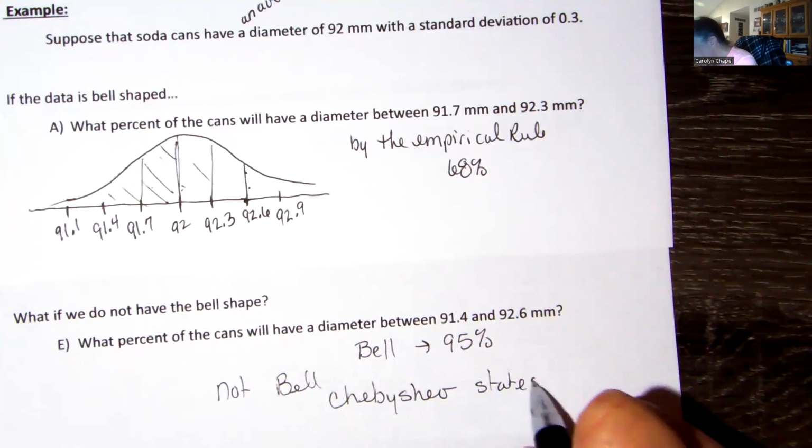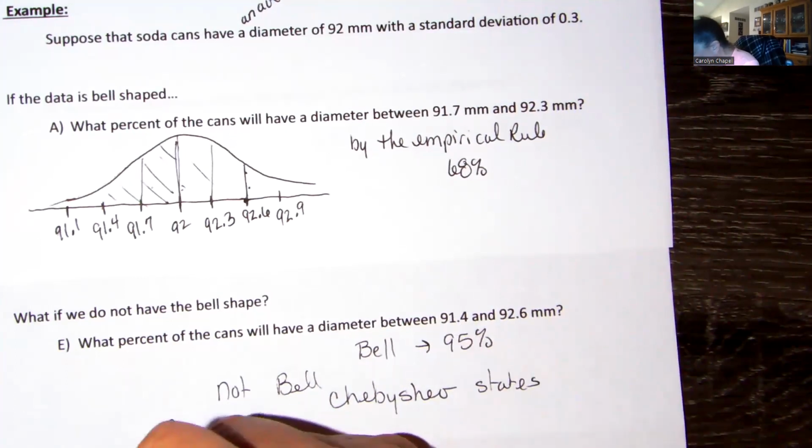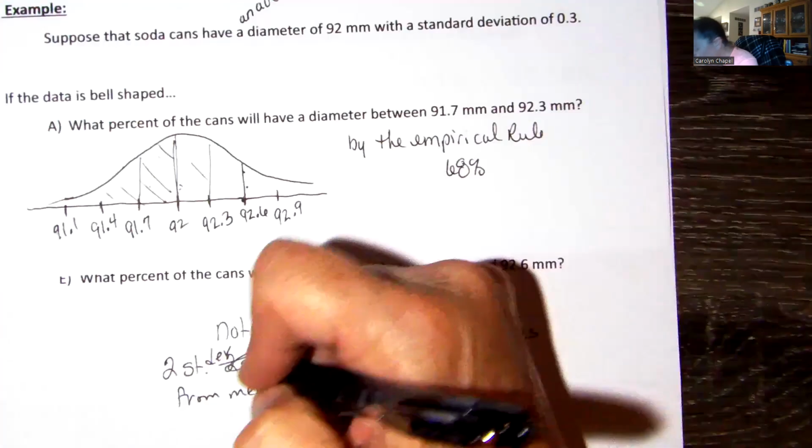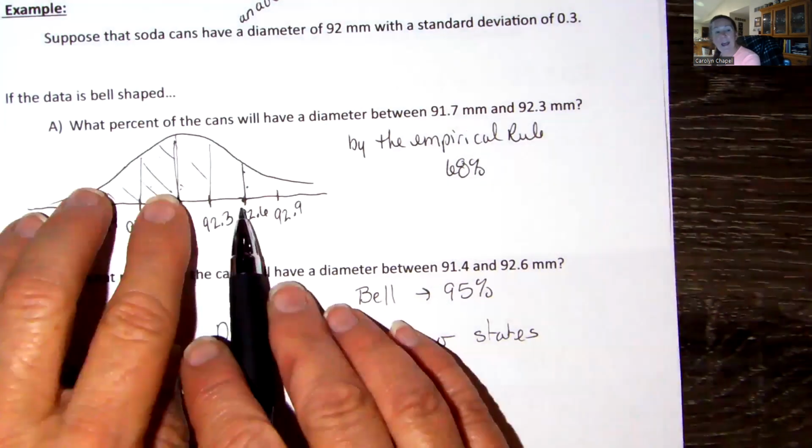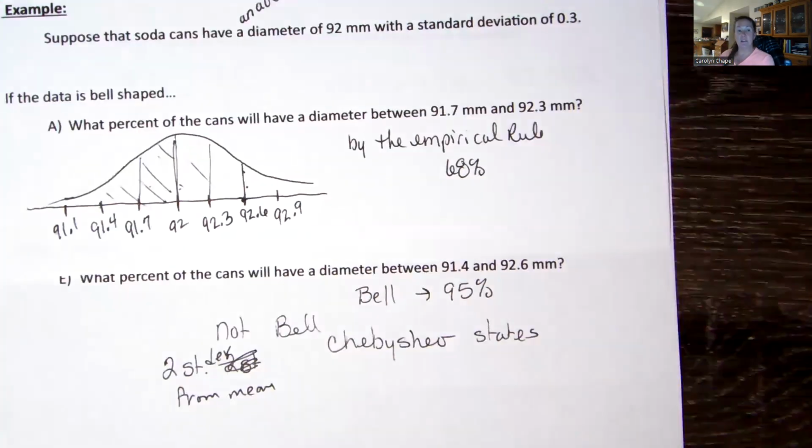Okay, so in this case, we went 2 standard deviations up, 2 standard deviations down. So 2 standard deviations from the mean. So 2 up and 2 down. For Chebyshev, we have to maintain the equality on both sides because we don't necessarily have that symmetry. Like here, we could split and look at half, but that's because we have the symmetry.